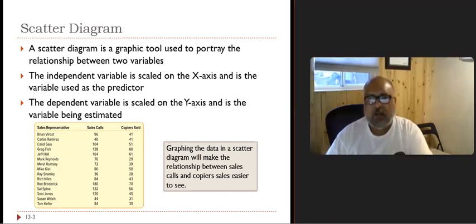With this data, the number of sales calls is the independent variable, and the number of copiers or photocopy machines sold is the dependent variable. As you can see, the data is given on this slide.